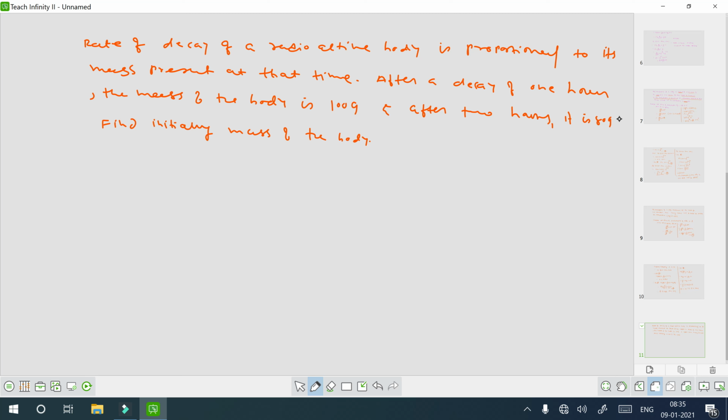Suppose at time t, mass of radioactive body is m, and initially it is m0.